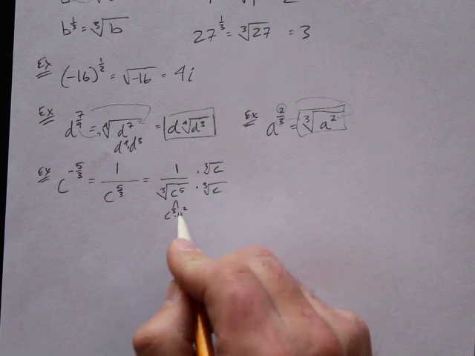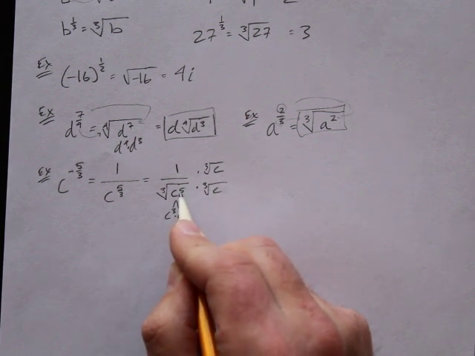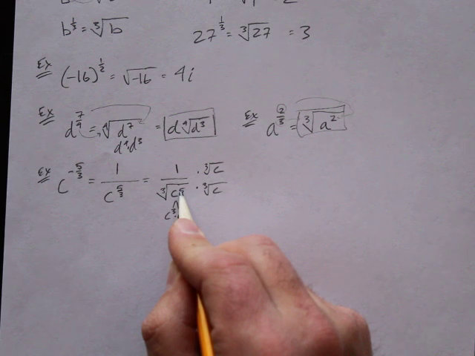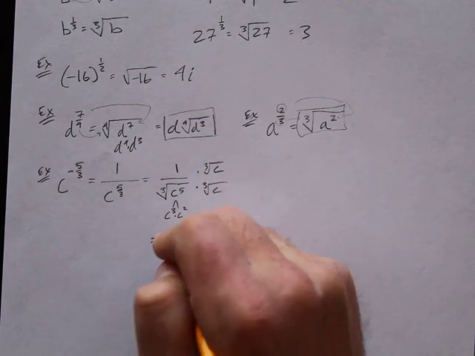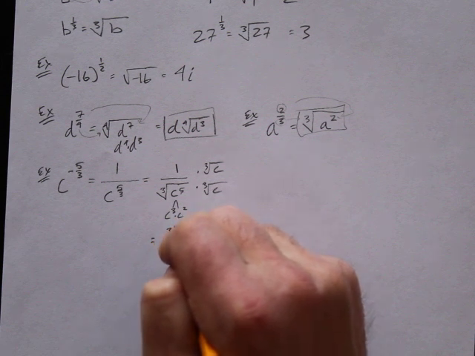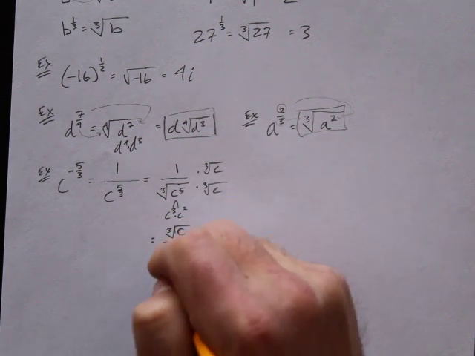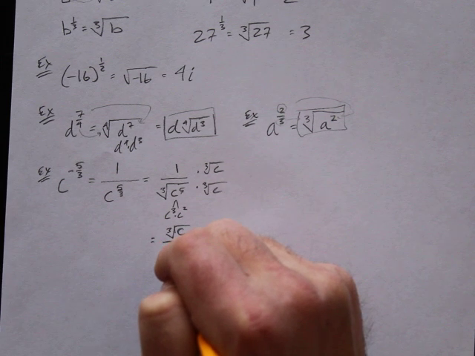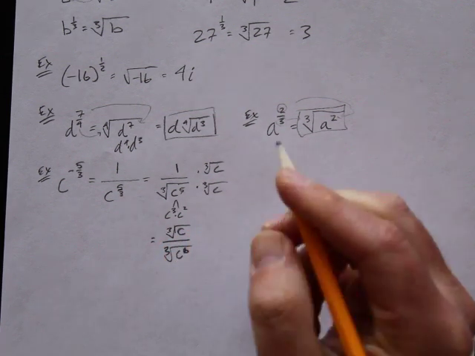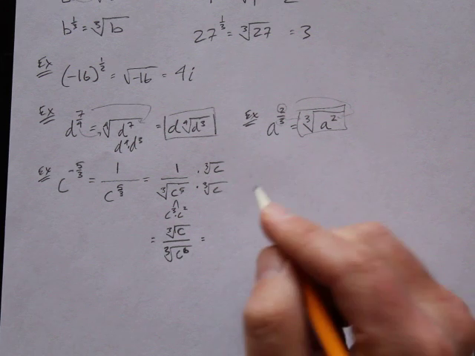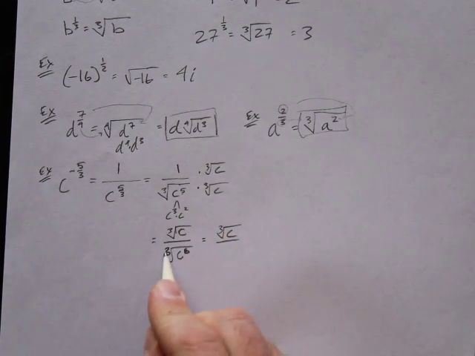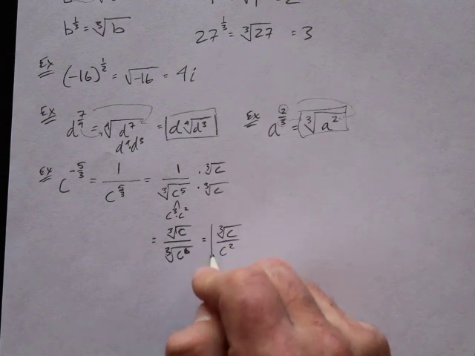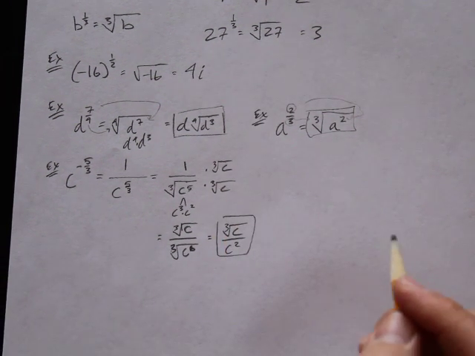So c times c to the 5th is going to be c to the 6th. So I've got the cube root of c over the cube root of c to the 6th, which is the cube root of c over, 6 divided by 3, c squared. And that should be my final answer.